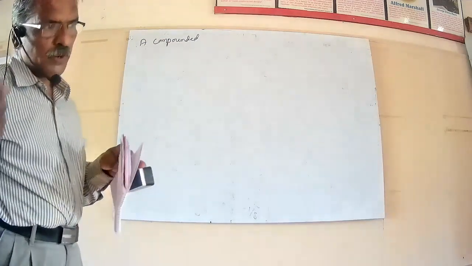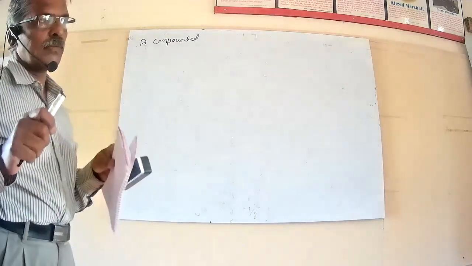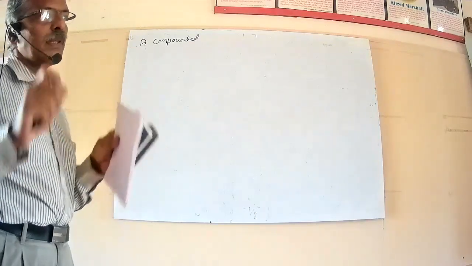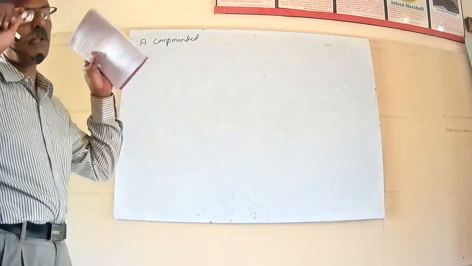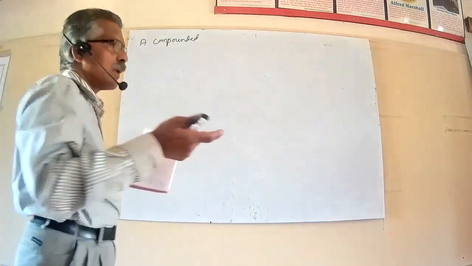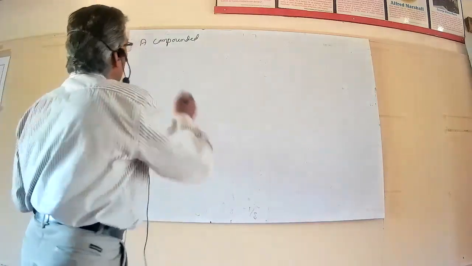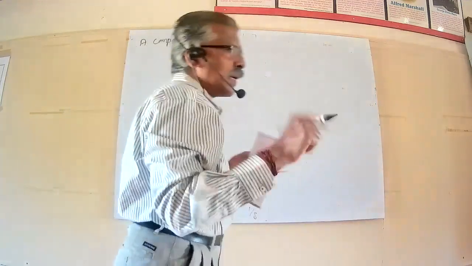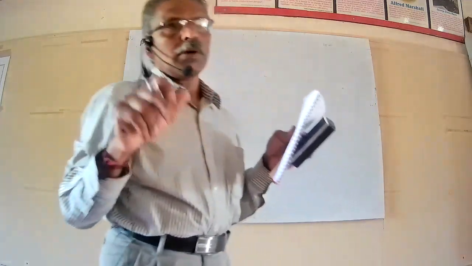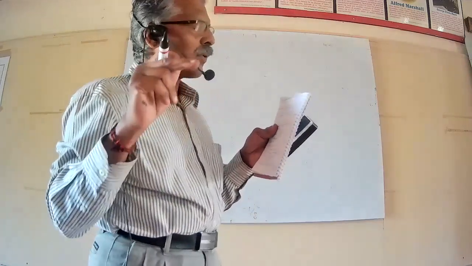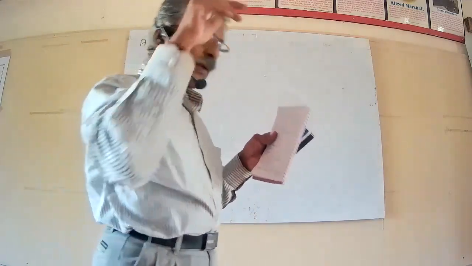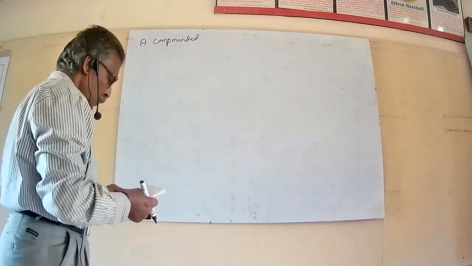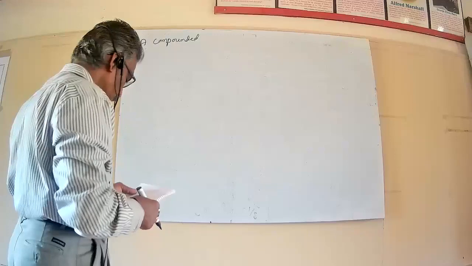You have to first find out the amount. Amount A means P plus I: the principal sum plus interest altogether is A, the amount. That is calculated first. Then you deduct the principal from the amount, and then you get the interest. That is the way of finding the interest in this method.